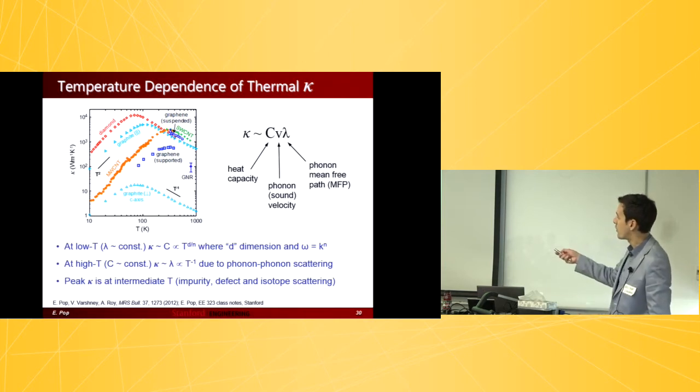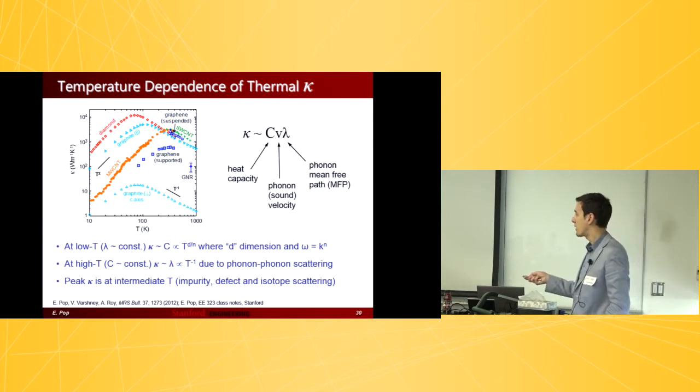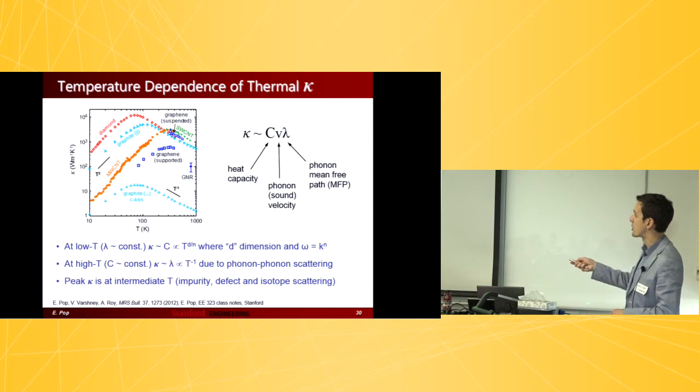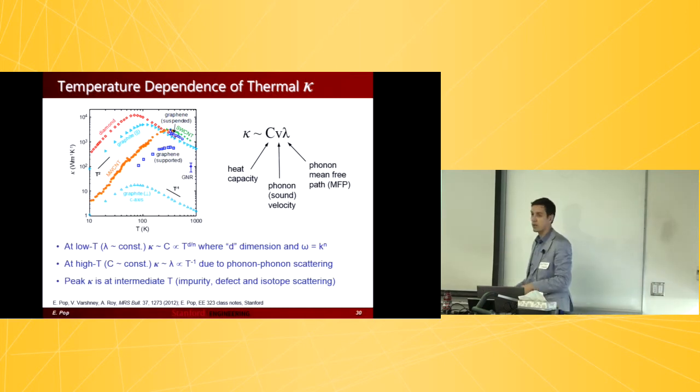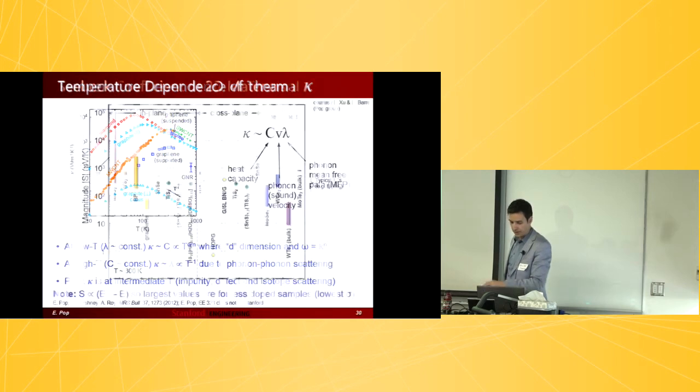For most of these materials, 2D materials or otherwise, the peak thermal conductivity actually occurs at some intermediate temperature, depending on the impurity or defect scattering in the sample. But if you squint, peak thermal conductivity is around 100 Kelvin, not at room temperature. At room temperature, you're already on the downward slope, so to speak. But certainly at 100 Kelvin, pretty high thermal conductivity. Actually, even higher, of course.